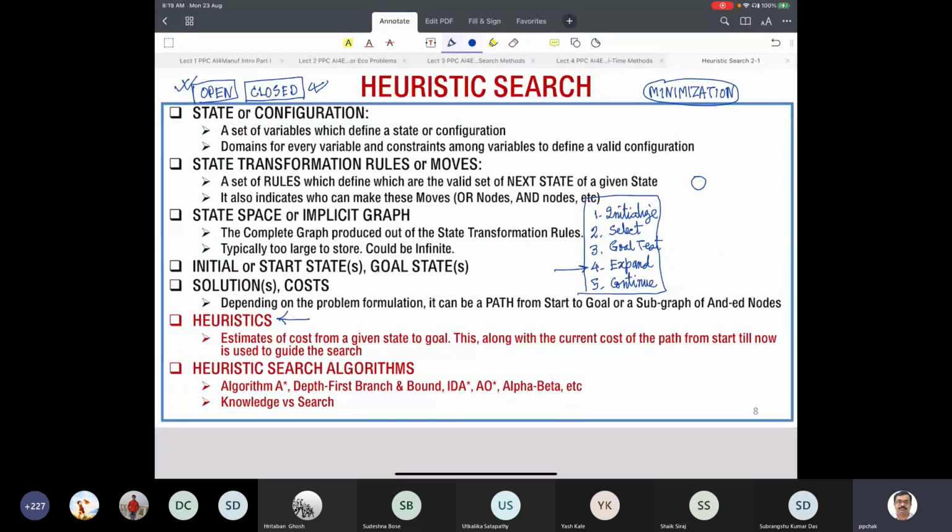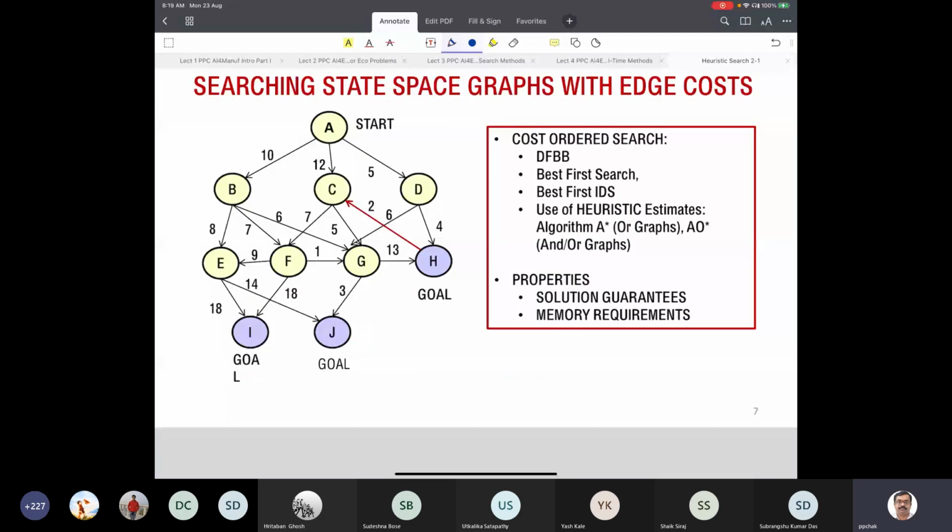Now, when there are costs on the edges, then obviously this level value will be updated to what value?